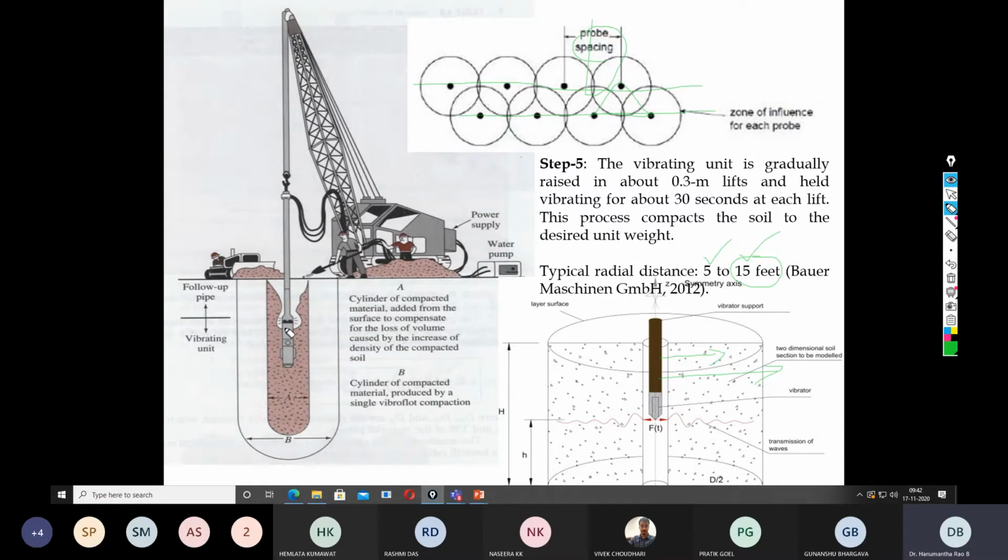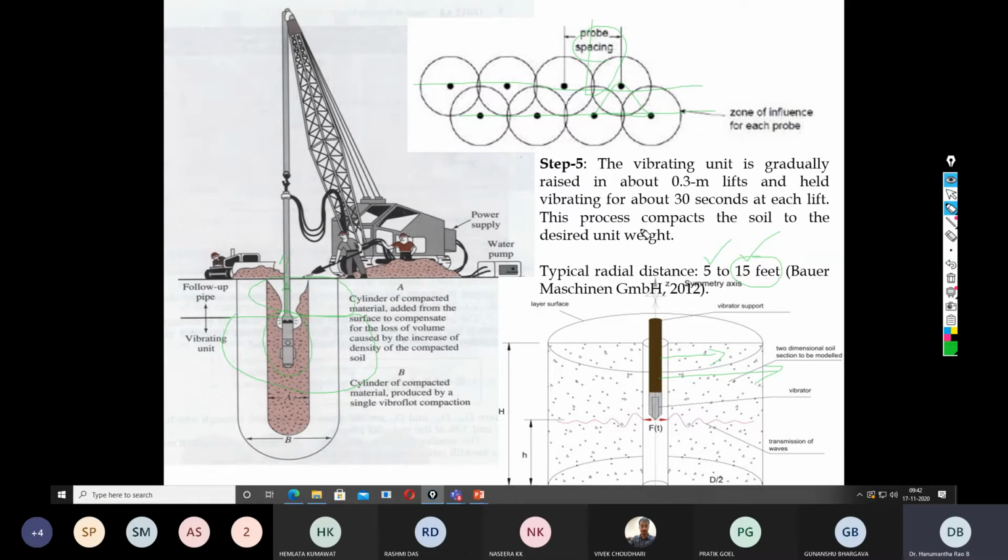Since the width of the probe is a definite width, we can compact only the soil in a particular zone. Once this zone of the soil is compacted or densified, we lift the probe in the upward direction, again compact the soil in that zone, then again lift it, then compact the soil. Thereby we compact the soil from the bottom of the borehole to the top of the ground surface.